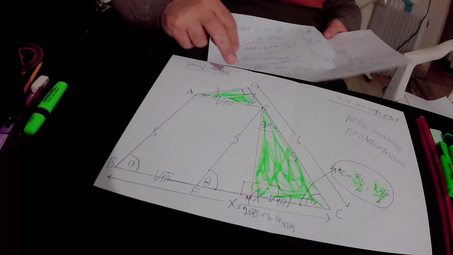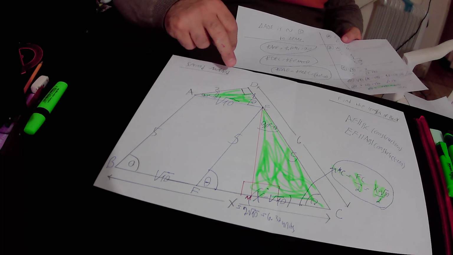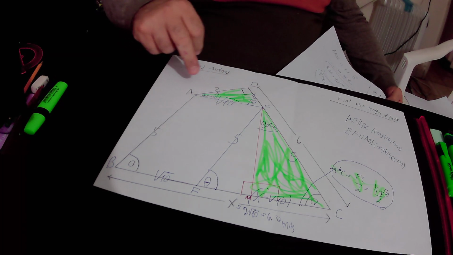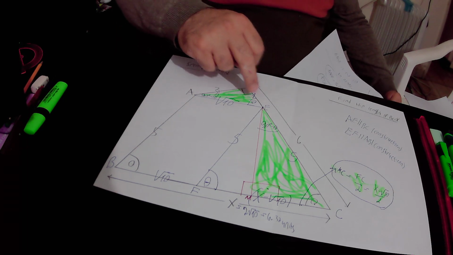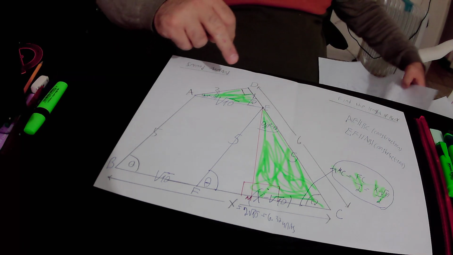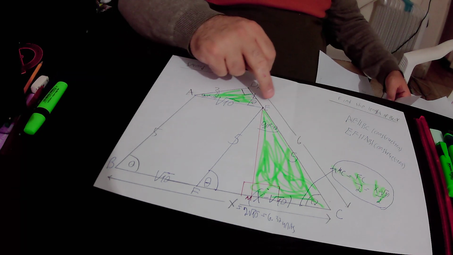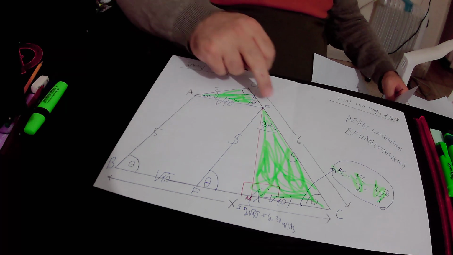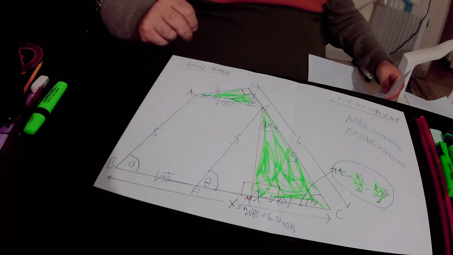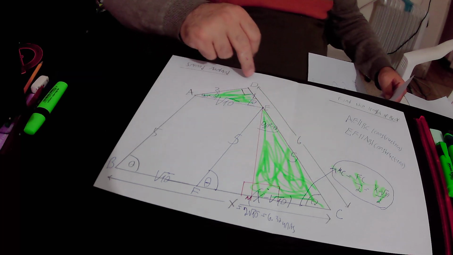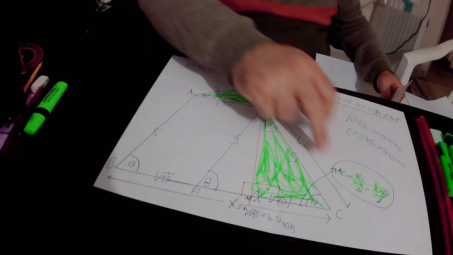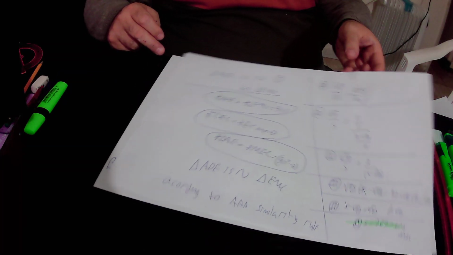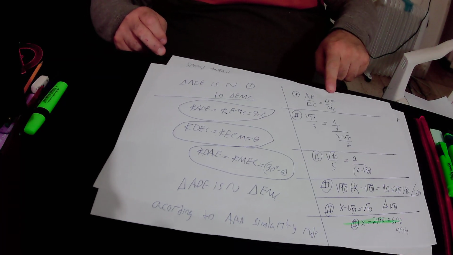From the fact that the two right-angled triangles are similar, we derive that AE over EC equals DE over ME equals DE over MC. So AE over EC equals DE over MC.